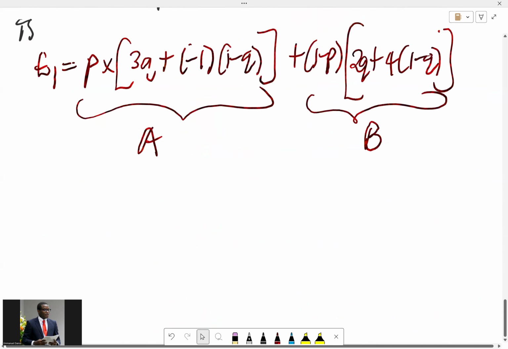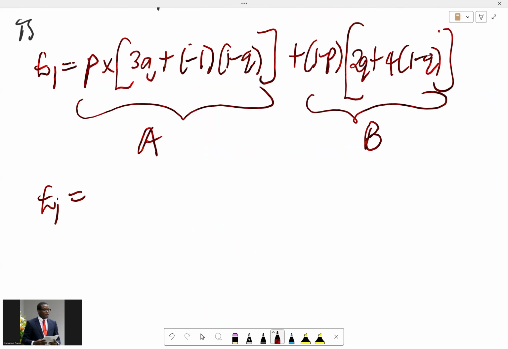So we can try to simplify this so that we have E1 to be equal to P into 3Q plus minus 1 times (1 minus Q).